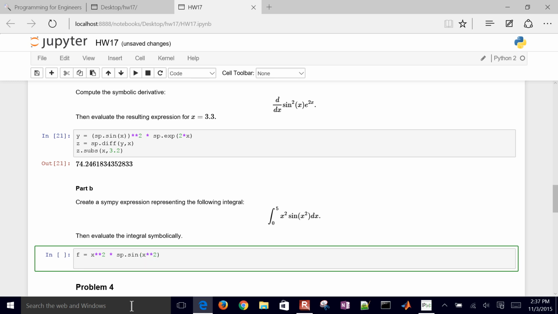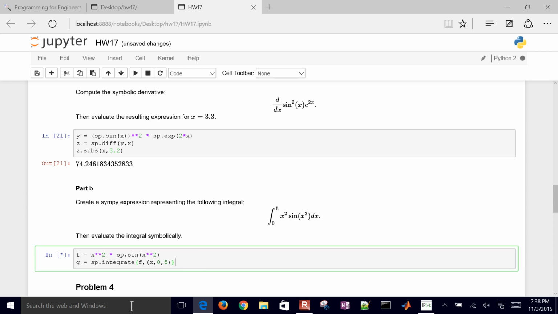Okay, so there's my function that I'm going to integrate, and then my new function, my integral of this, is going to be the integrate. Okay, and I'll integrate f, and then I'll do a tuple here, so 3 symbols or numbers. I'm going to do it with respect to x, and my lower limit is going to be 0, and my upper limit is going to be 5.